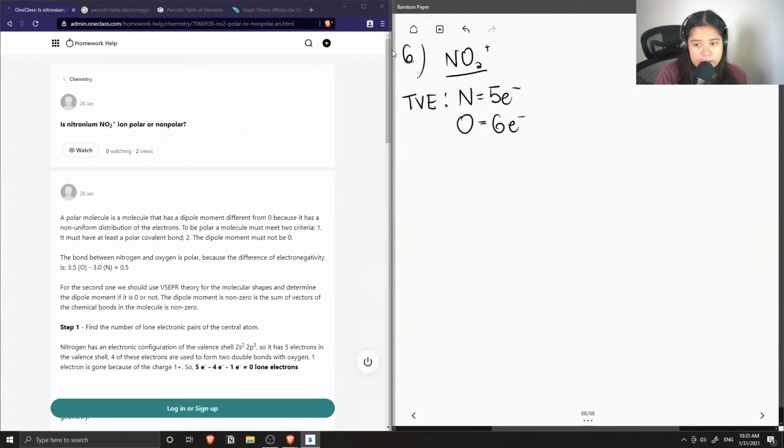And since there are 2 oxygen atoms, we multiply this by 2. And also notice that our overall ion has a positive charge. So that means we need to subtract an electron from our total count. So adding these values up, we get a total of 16 electrons.